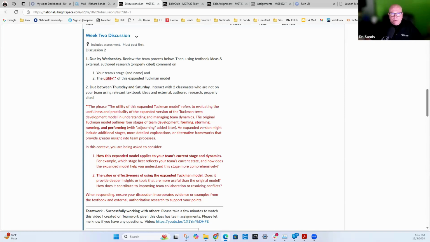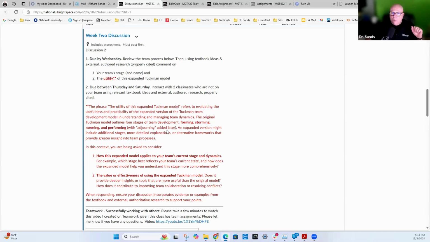So what we're saying here is the original Tuckman model outlined 4 stages of team development, with adjourning added later. An expanded version is what you're looking to: first, where is your team at with Tuckman's model and the name? Then the utility of this expanded model.